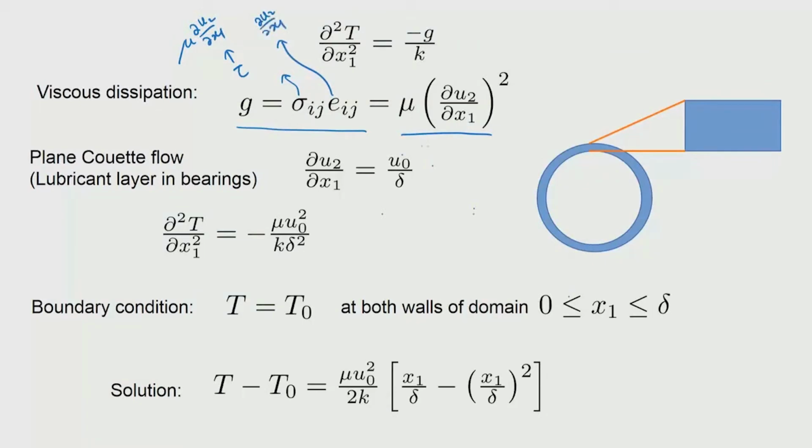So, you could write g as this, which is in watt per meter cube. If such a viscous dissipation is taking place, it goes into the g term here and affects the temperature profile.